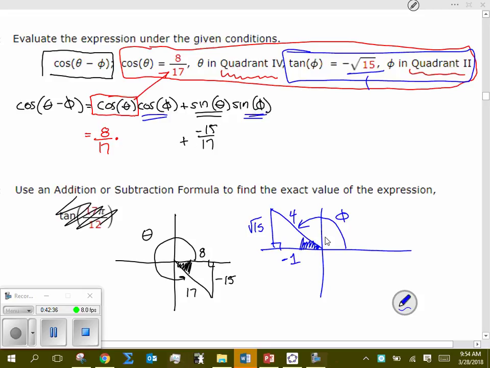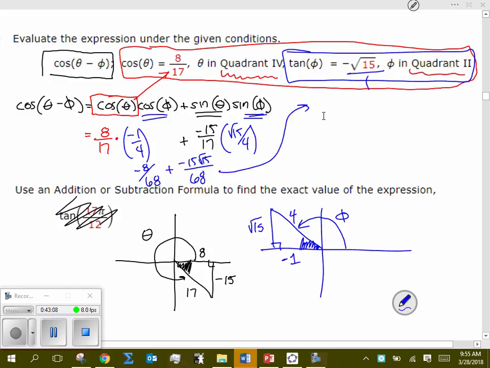Now, do you know the cosine of this angle? Cosine of phi? It's adjacent divided by hypotenuse, right? You know the sine of that angle? Opposite over hypotenuse. So now I get -8 over 68 plus -15 root 15 over 68.